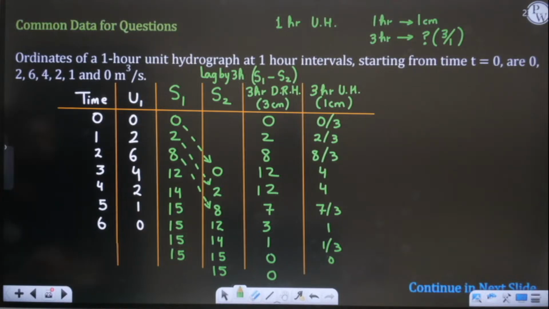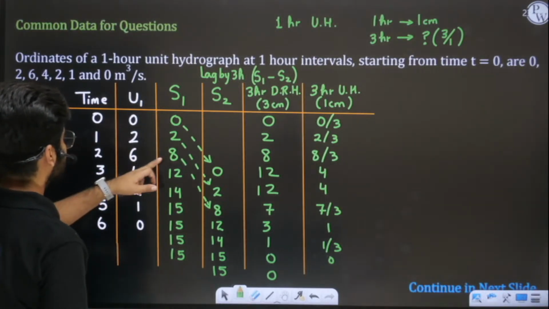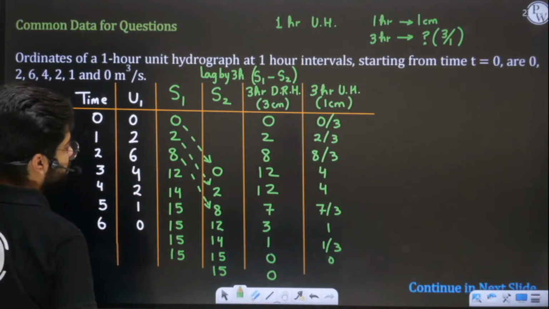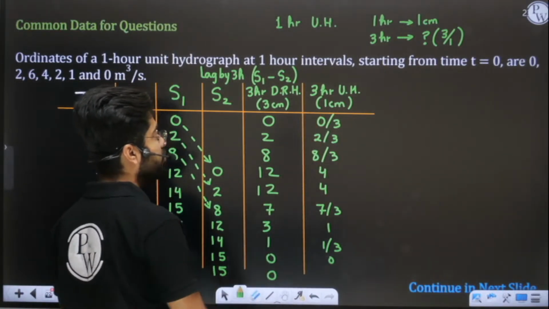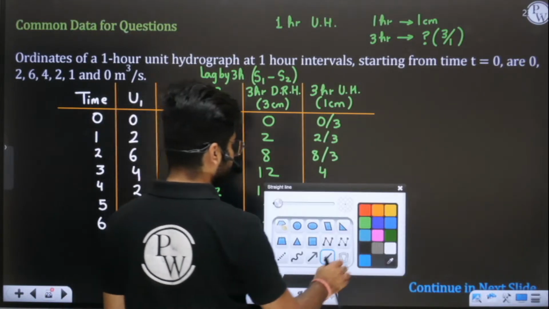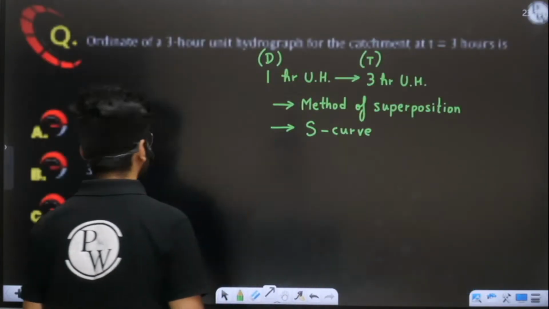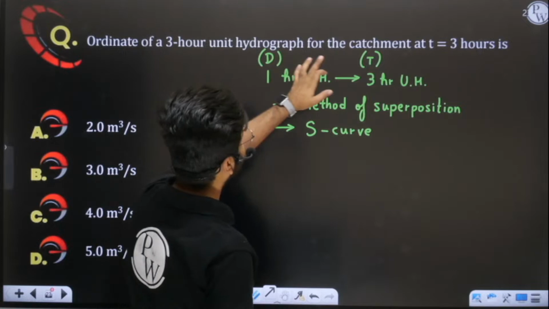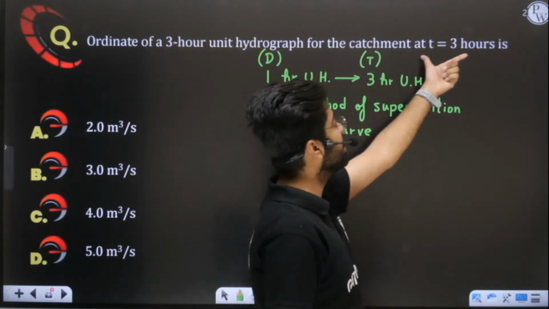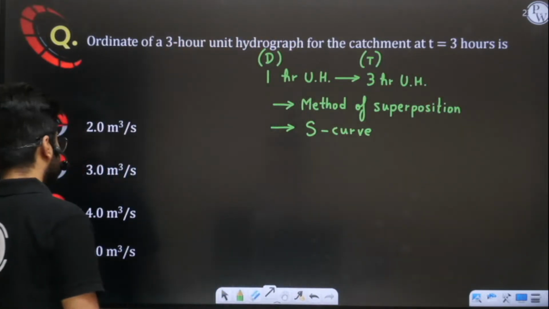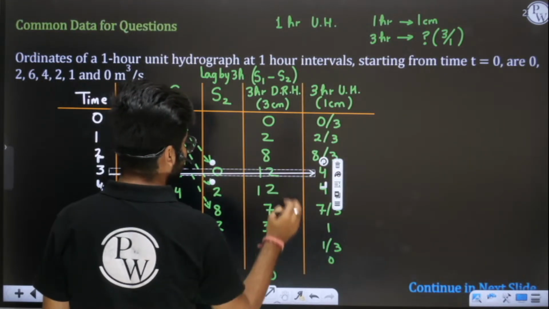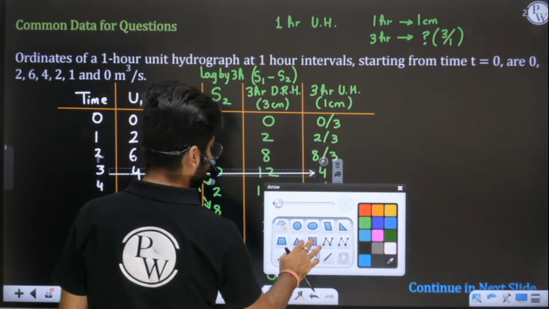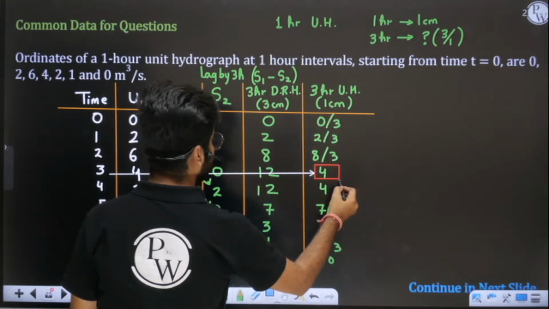I hope this is very clear to you. 8, 4, 12, 12, 14. All these values are given to me. So this is your final 3 hour unit hydrograph. They are asking you to find the ordinate of the 3 hour unit hydrograph at t equal to 3 hours. At t equal to 3, I am getting the answer as 4.